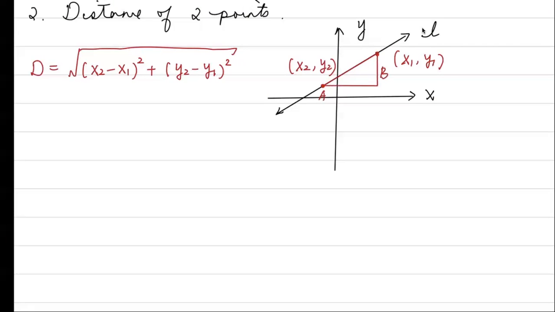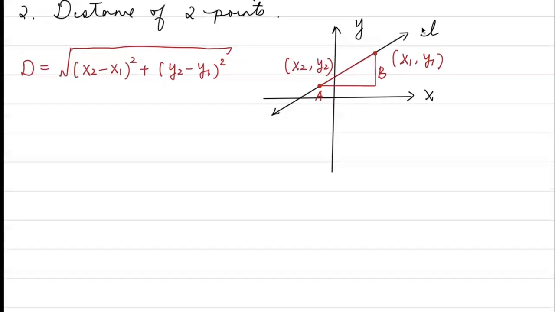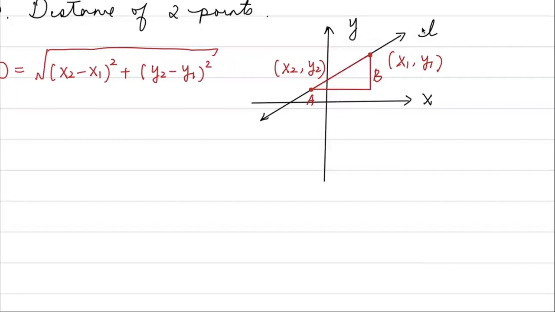The logic behind this is that we basically constructed a right triangle here. Let's call this point C. BC is equal to y2 minus y1, and AC is equal to x2 minus x1. Then we can use the Pythagorean theorem to find AB, which is the square root of BC squared plus AC squared.